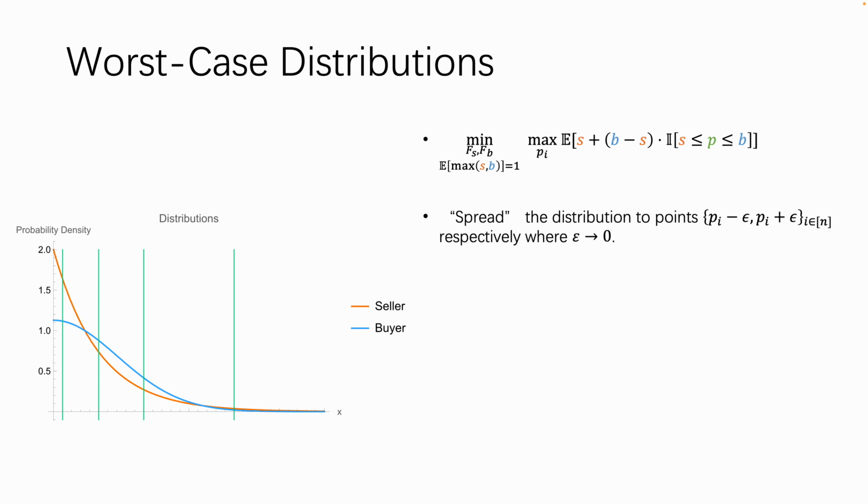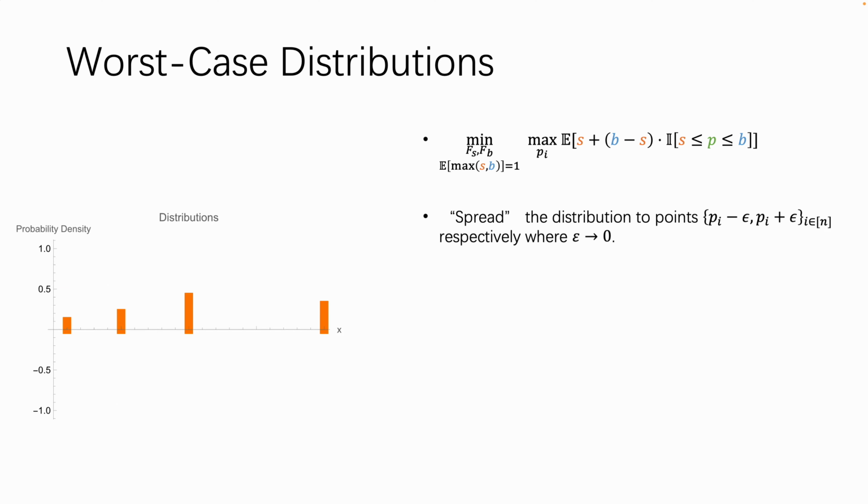So we could do similar operations to both the seller's and the buyer's distributions and spread their distributions to the points pi minus epsilon and pi plus epsilon, where epsilon here is a small enough constant that approaches 0. So graphically, we are doing things like this. This is how we spread the seller's distribution, and we will also do something similar to the buyer's distribution.